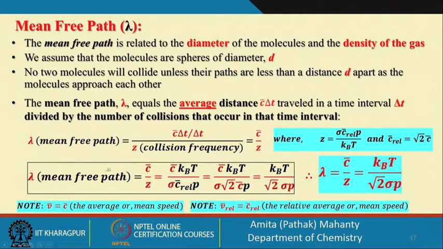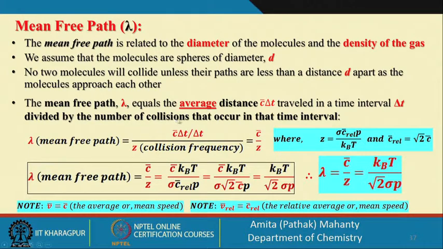That means no two molecules will collide unless their paths are less than a distance d apart as the molecules approach each other. Assuming all the molecules have the same diameter d, the minimum approach distance between the centers of one molecule and the other becomes d. So, they should be less than d apart, only then do they undergo collisions.